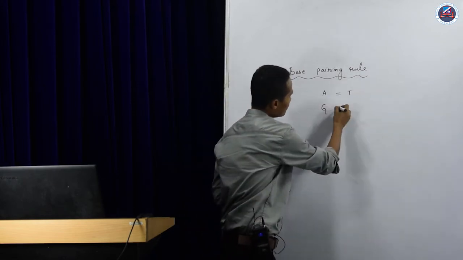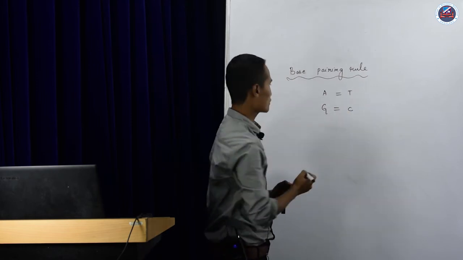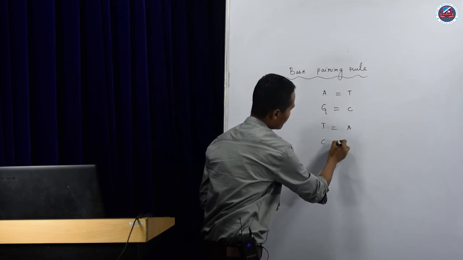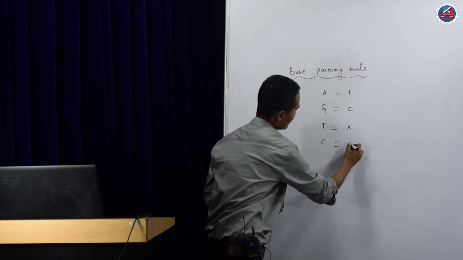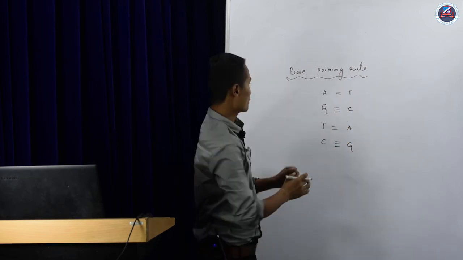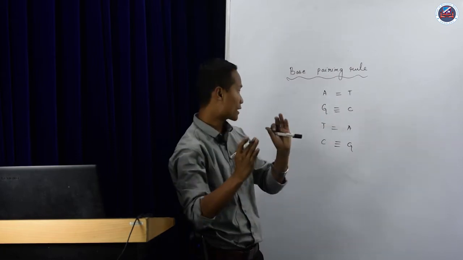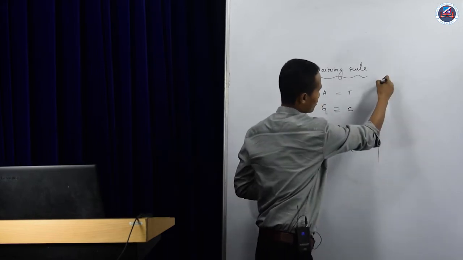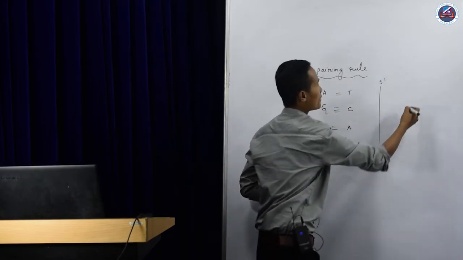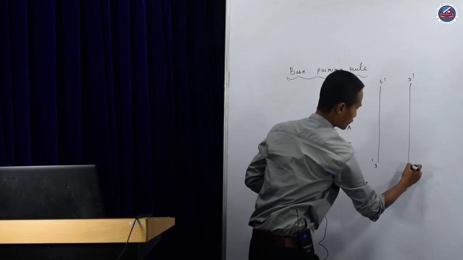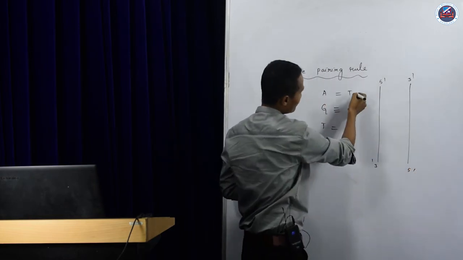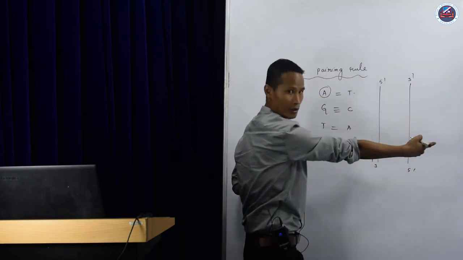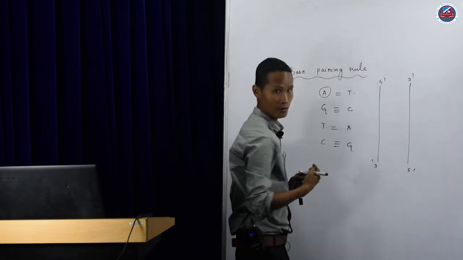If there is guanine, there must be cytosine. Likewise, if there is thymine, there must be adenine, and if there is cytosine, there must be guanine. This is the base pairing rule, or we say the bases are complementary to each other. For example, with one strand 5' to 3' and the other 3' to 5', if one strand has adenine, the next strand will have thymine.